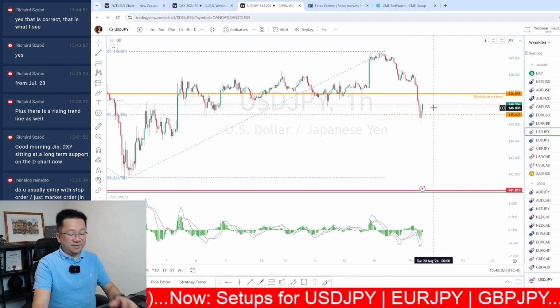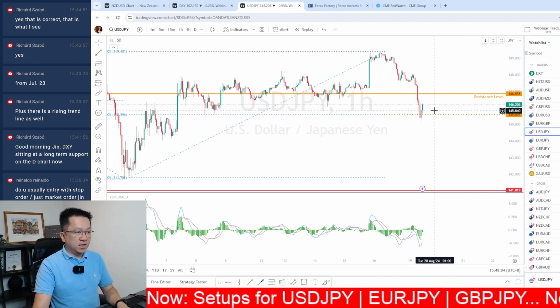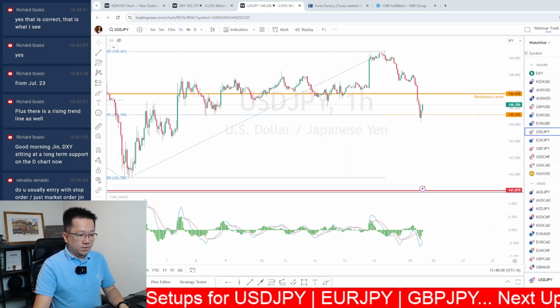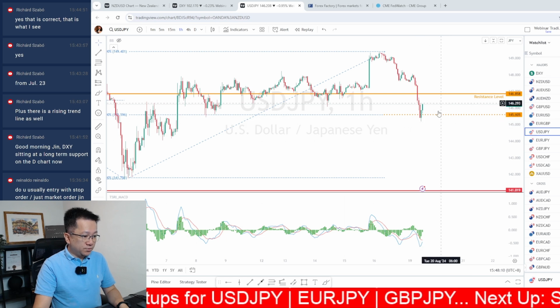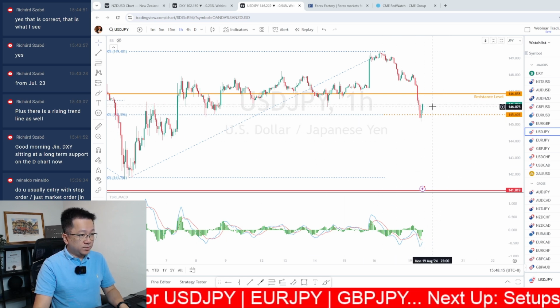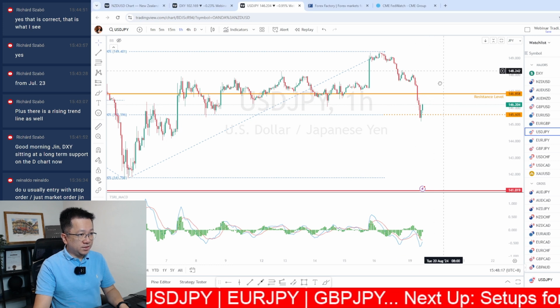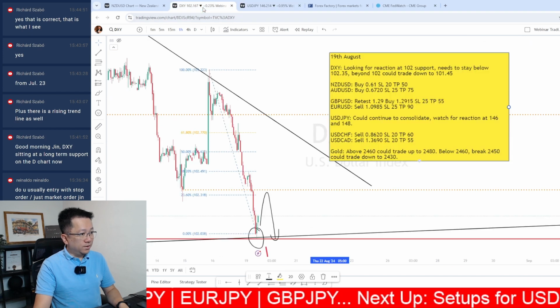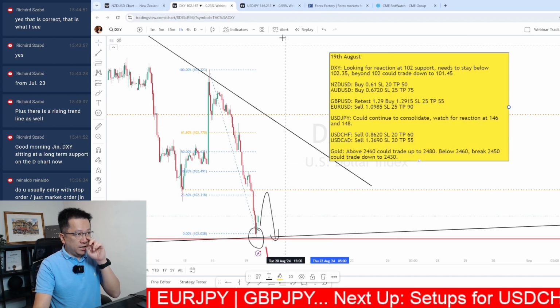It's retracing, very similar to what we see on the dollar index, retracing back up. So that makes sense. As it pushes back up, stays below that resistance, we could see a continuation back down. It all comes down to what's going to happen to this guy here.